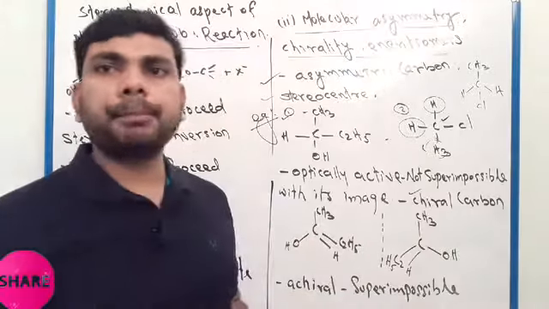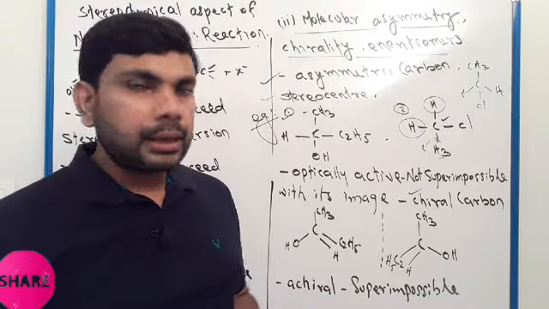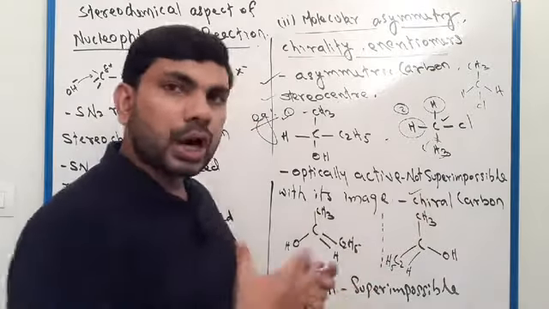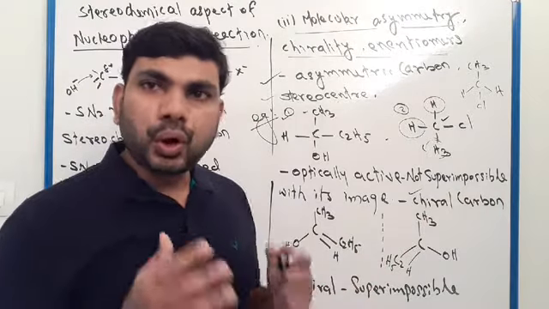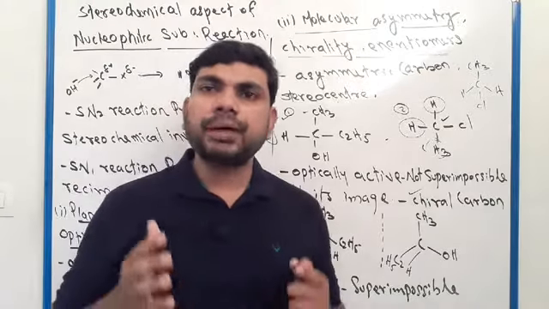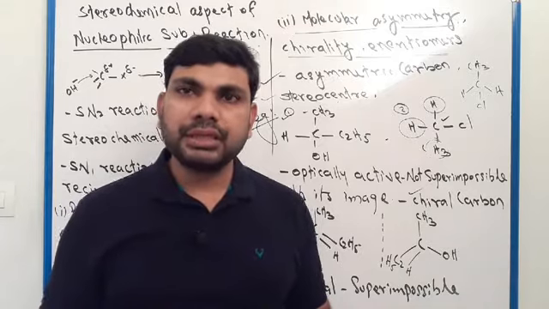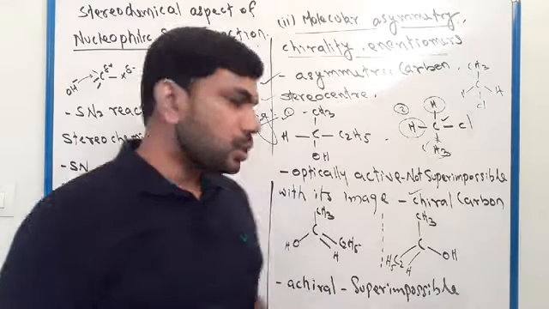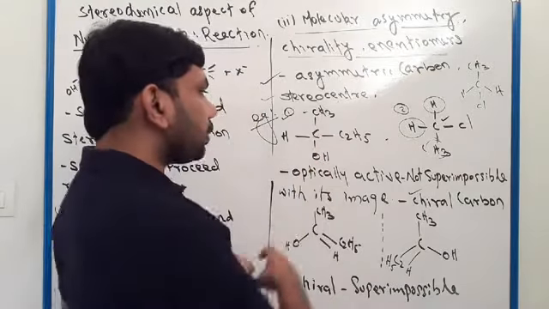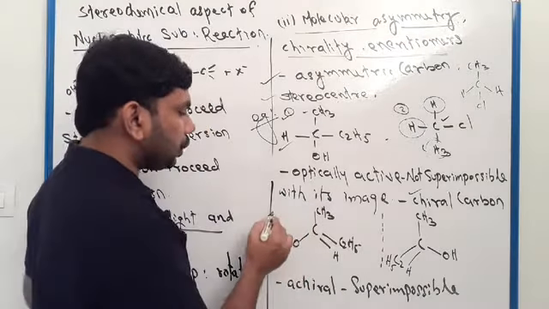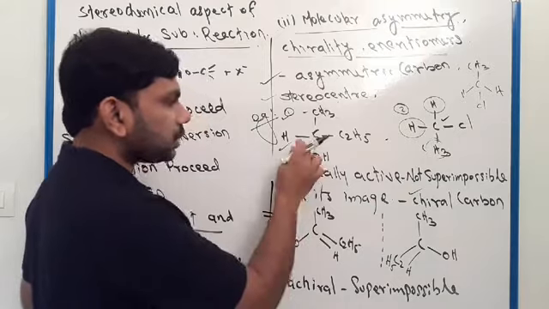They are superimposable. But in this structure, this and this are non-superimposable. So compound which produces non-superimposable mirror image produces optical activity, produces optical isomer. So optical isomers of this compound are this. These are two optical isomers of this compound.